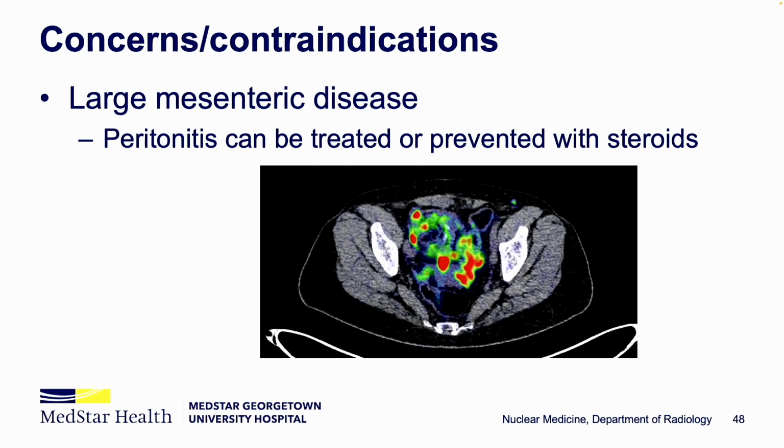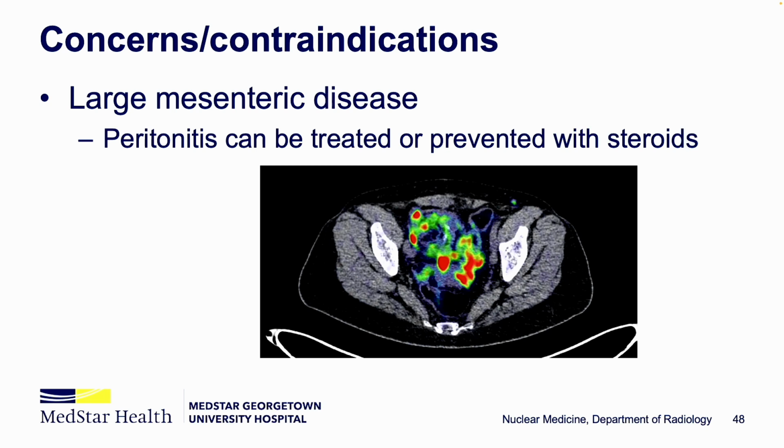So some advocate for the use of steroids to calm down the inflammation and prevent that significant inflammation from happening with the treatment. I've done it only once, and it's debatable how much it helps or not.